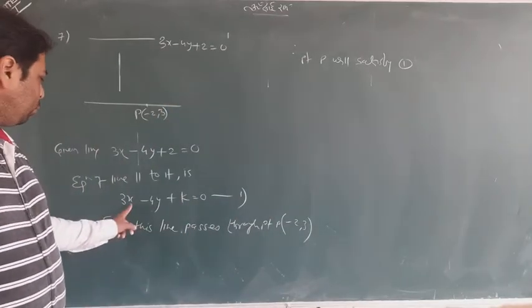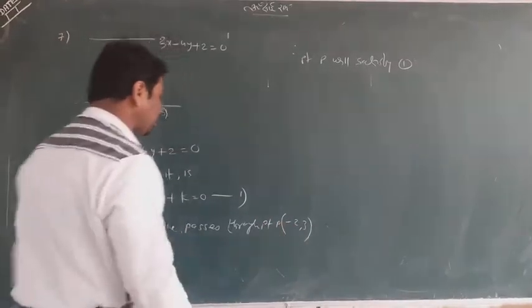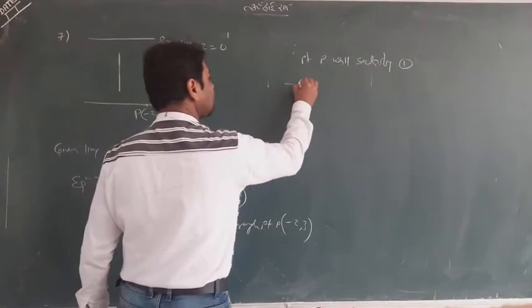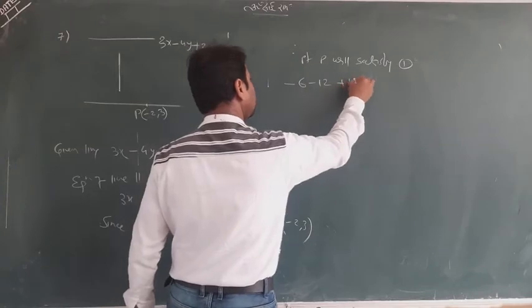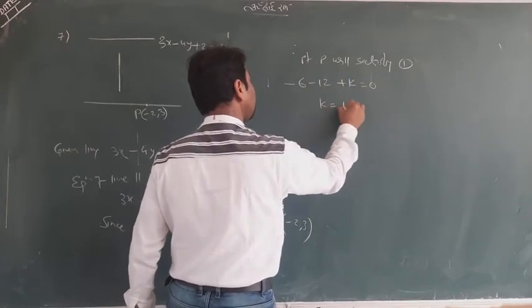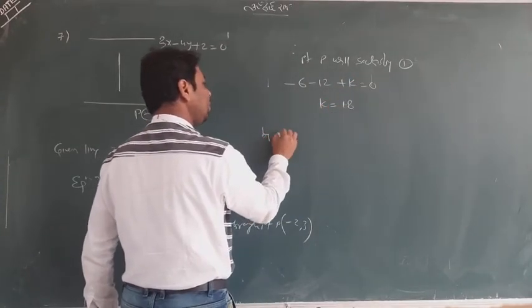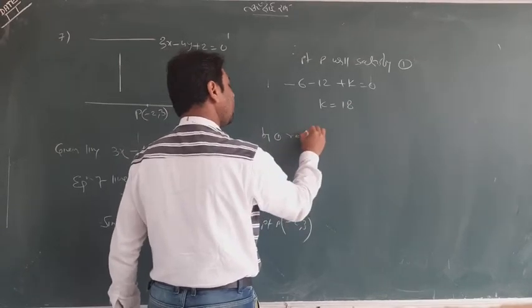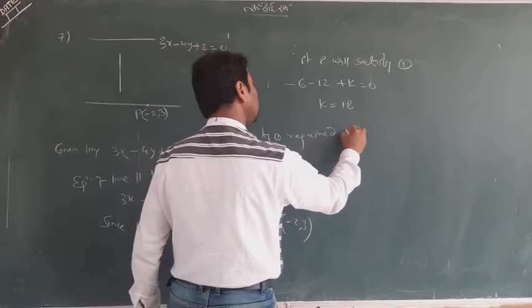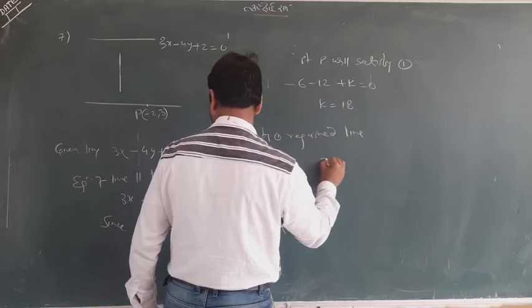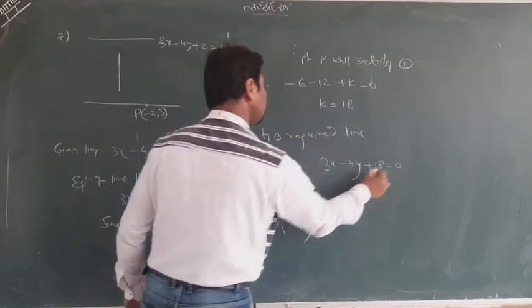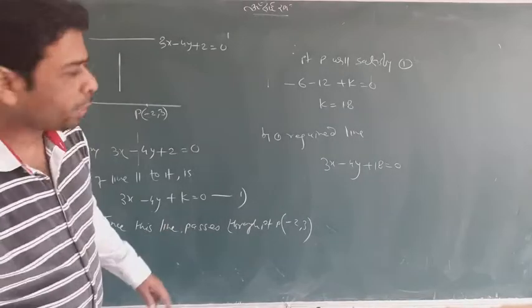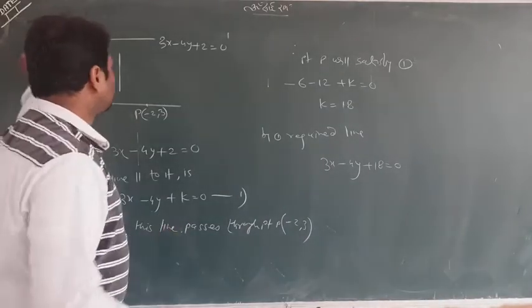So now we can put here, instead of x I will put minus 2: minus 2 into 3 is minus 6, minus 4 times 3 is minus 12, plus k, we get k is equal to 18. So the required line we have got is 3x minus 4y plus 18 is equal to 0. This is the answer we got. So I don't think it's a tough task. It was very easy.